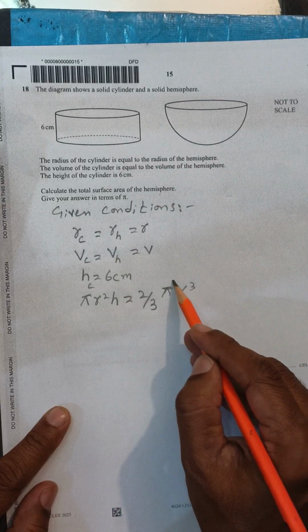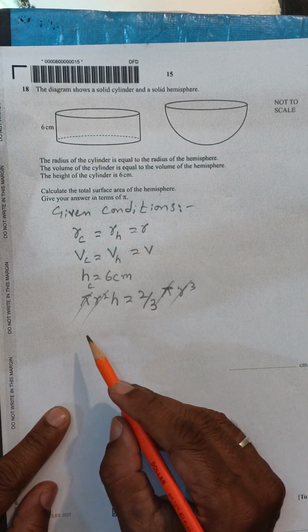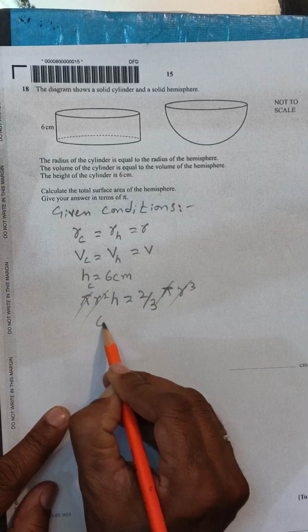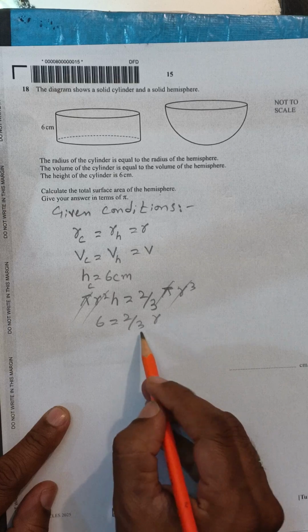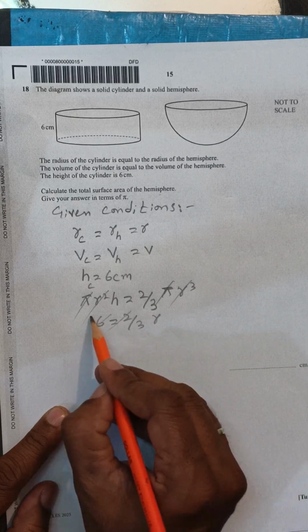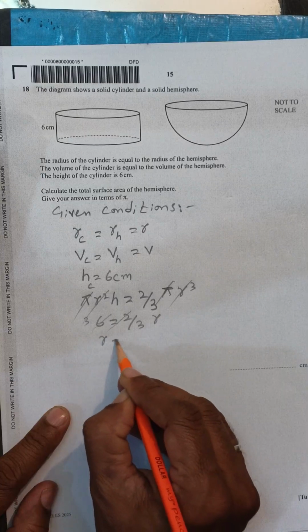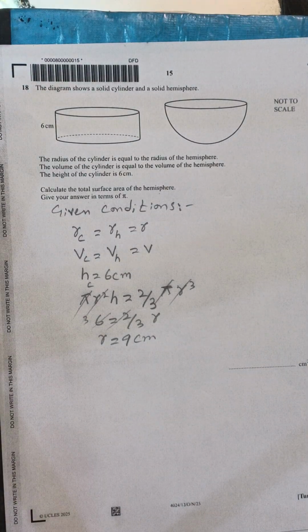Now you can cancel pi, and similarly r, and h is given as 6 centimeter, so I can put it here: 6 equals 2 over 3 r. Solve it: 2 ones are 2, 2 threes are 6, so 3 threes are 9, so the radius r is 9 centimeter. That radius is for the hemisphere as well as for the cylinder.